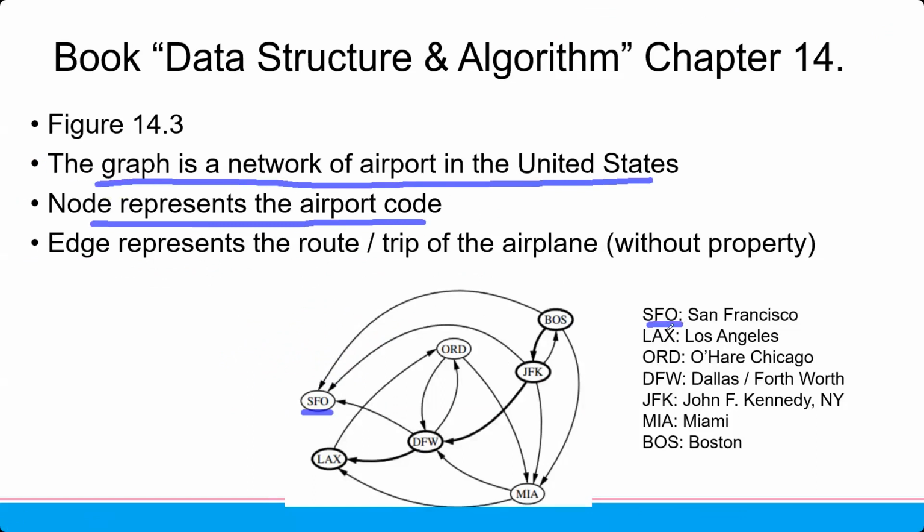SFO is San Francisco, LAX is Los Angeles, and so on. X represents the route or trip between airports, without any property.